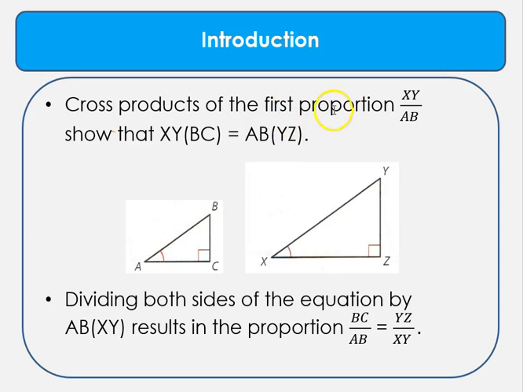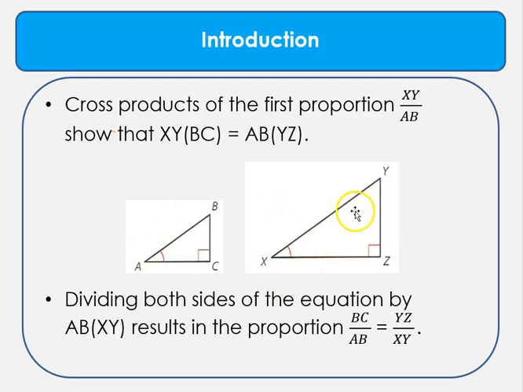Cross products of the first proportion from the last slide, XY over AB, which was the hypotenuse in both of these triangles, show that if we multiply XY times BC, it will equal AB times YZ. So let me say that again.